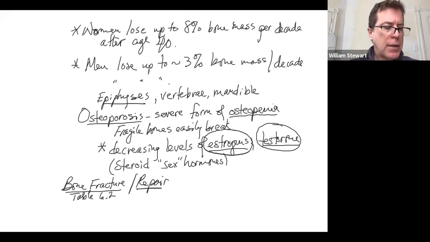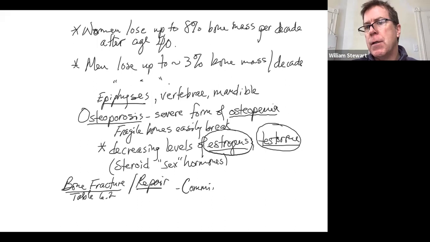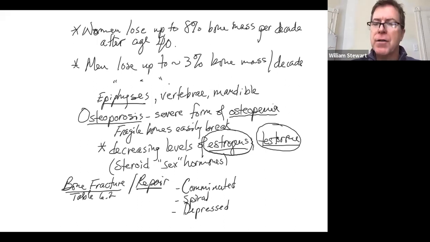And those are comminuted, C-O-M-M, comminuted, spiral, depressed. The names pretty much clue you into what type of fracture it is. Compression, which is similar to depressed, not quite the same.